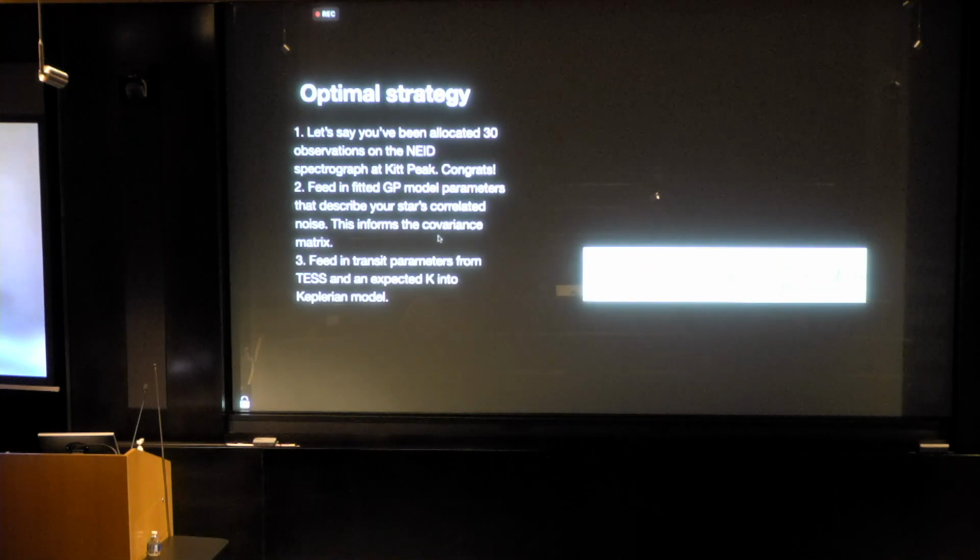And then you would feed in your planet parameters. So before we were feeding in our noise parameters, and now the parameters for the model that we're trying to optimize our measurements for. So this is the Keplerian with the ingredients that I had listed before.